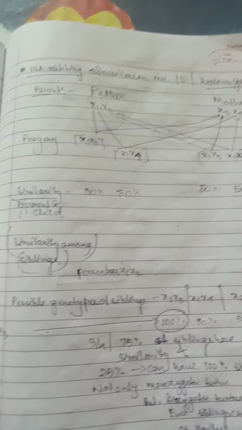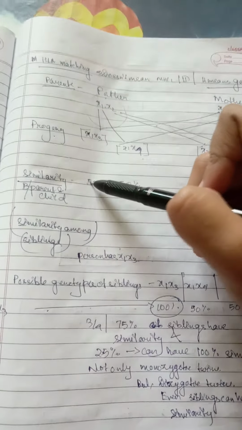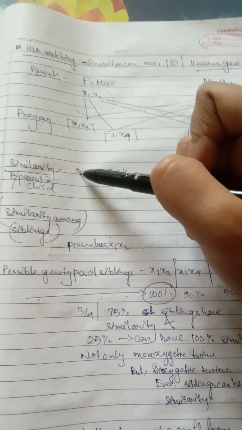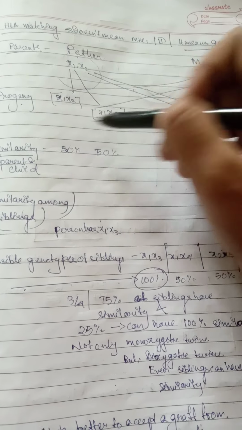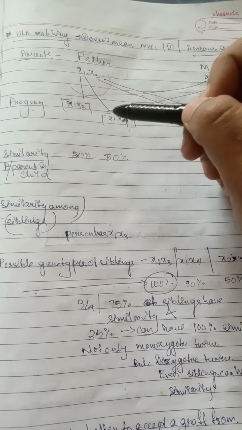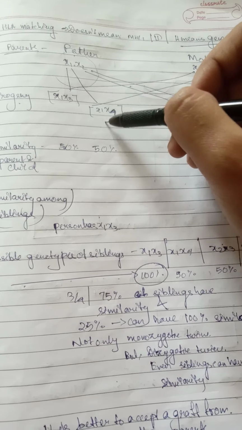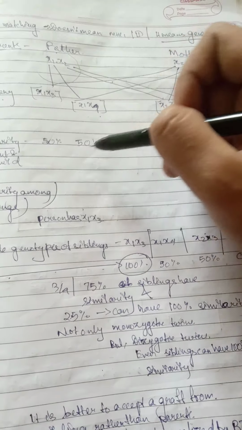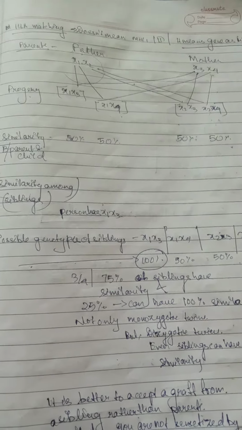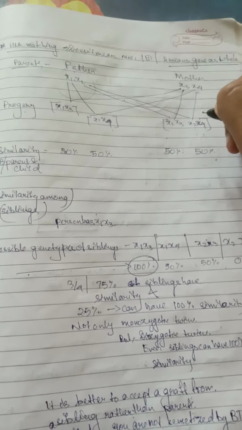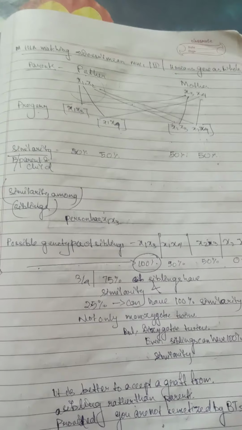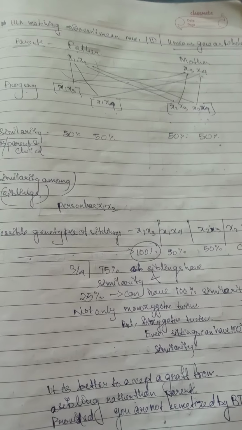In each genotype there is 50% similarity of the child with each parent, that is X1 50% with father, X3 50% with mother. So our HLAs do not match 100% with our parents.